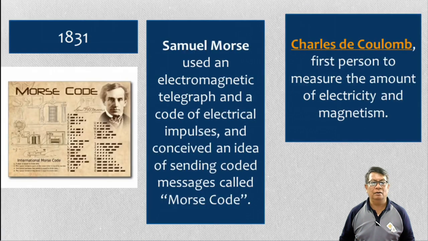Okay, so in 1831, Samuel Morse used the electromagnetic telegraph and used a code of electrical impulses. His idea was conceived of sending coded messages, called Morse code.